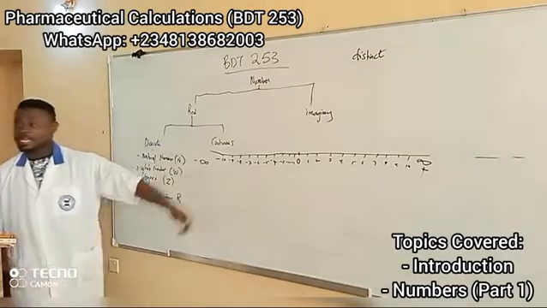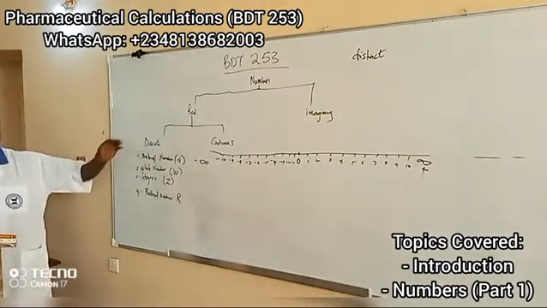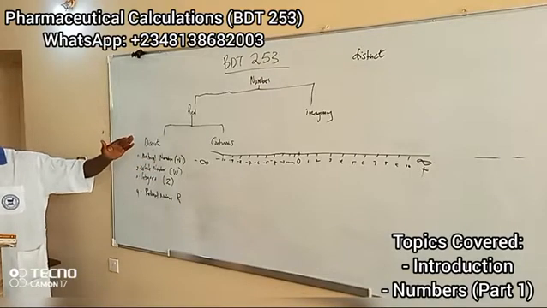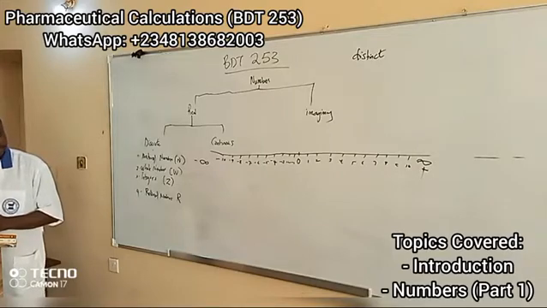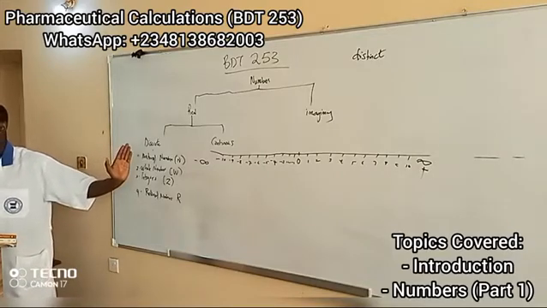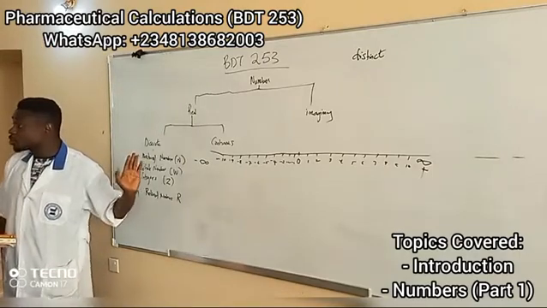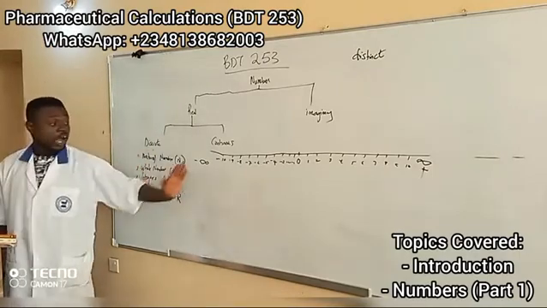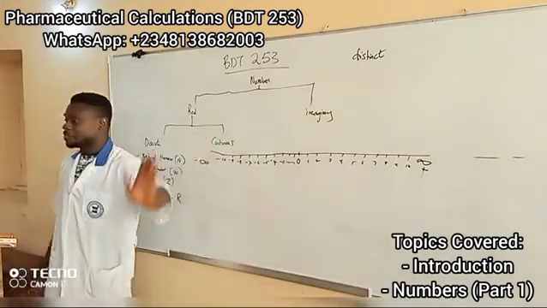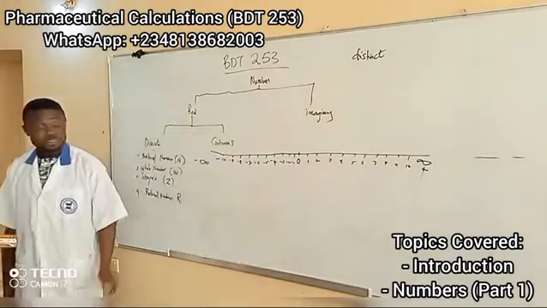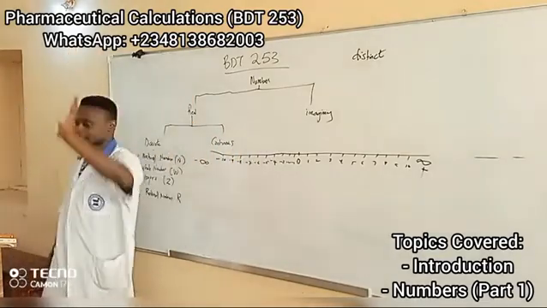This is a number line. This number line represents real numbers. All the numbers on this number line are real numbers.